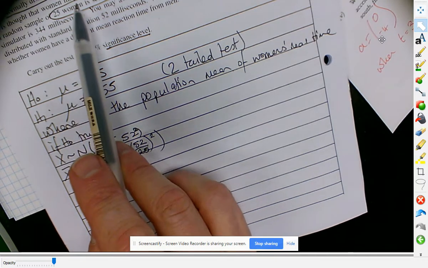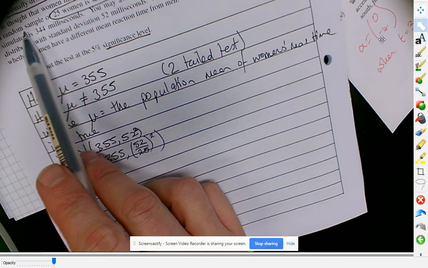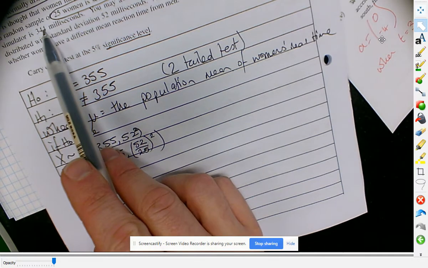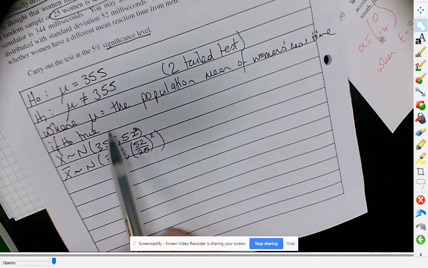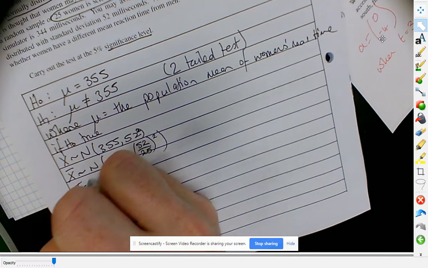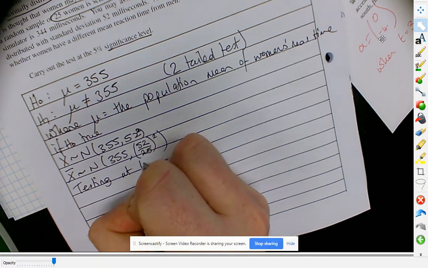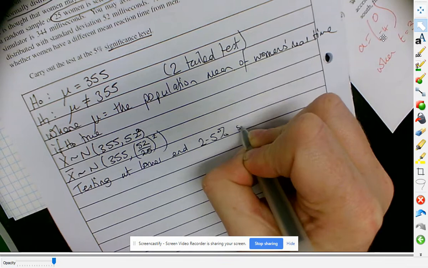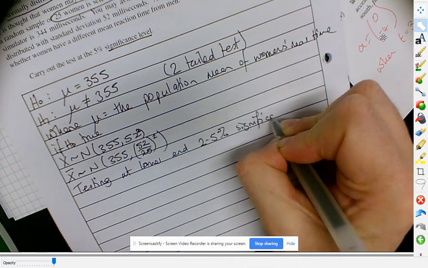We have taken a random sample of 25 women. The mean reaction time is 344. That's lower than this. So we're doing a test at the lower end, okay? Because it's lower than my population mean. So we're testing at the lower end with a 2.5% significance.